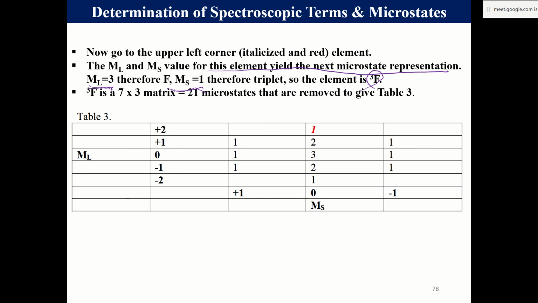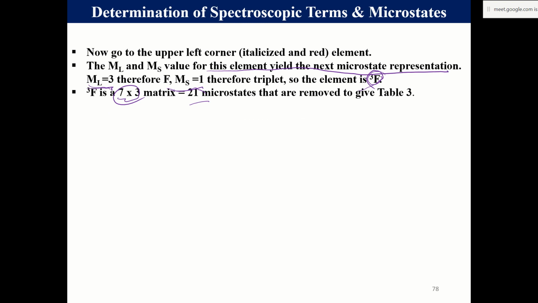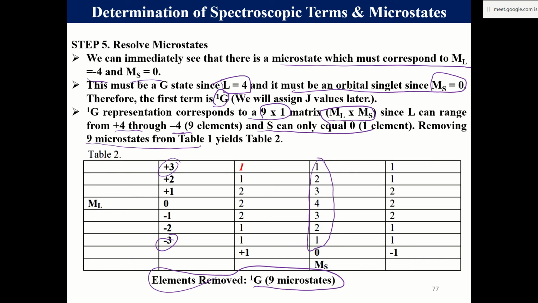Now if it is 3F, it must be a 7 by 3 matrix, 21 microstates to be deducted. So cross out. So what you did in the first table, previous table, minus 1, minus 1, you go on doing this way. So you already have 7 into 3, minus 1.